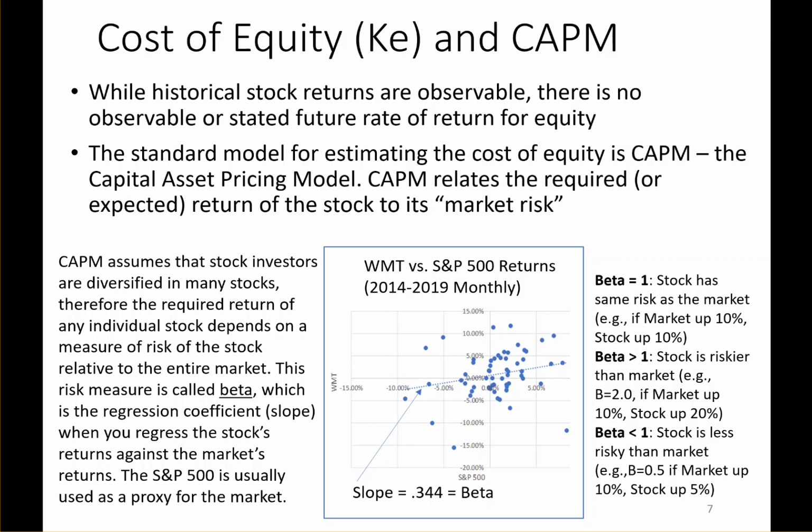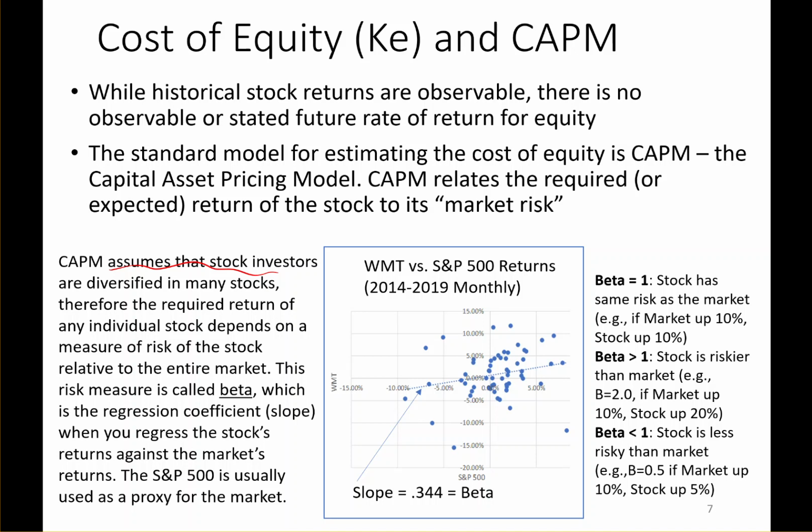This model or theory of CAPM starts with an assumption. That assumption is that the average investor is rationally diversified into many stocks. No one's dumb enough to hold just one stock. Therefore, if you're looking at the required return or the CAPM return of any individual stock, it depends on the risk of that stock relative to an overall diversified portfolio of stocks, and we'll call that the market portfolio.